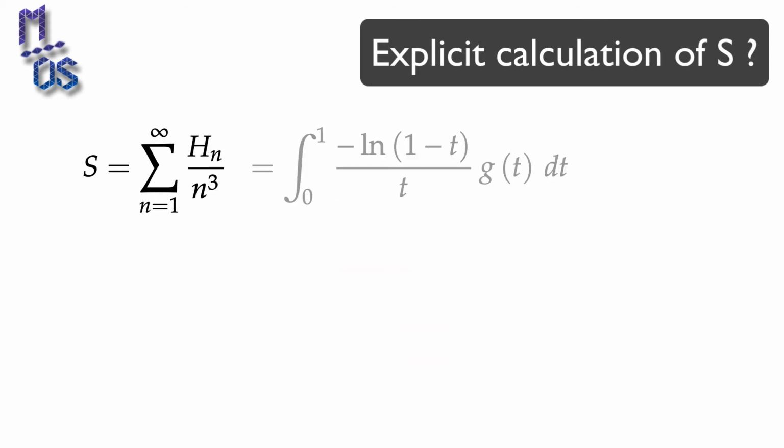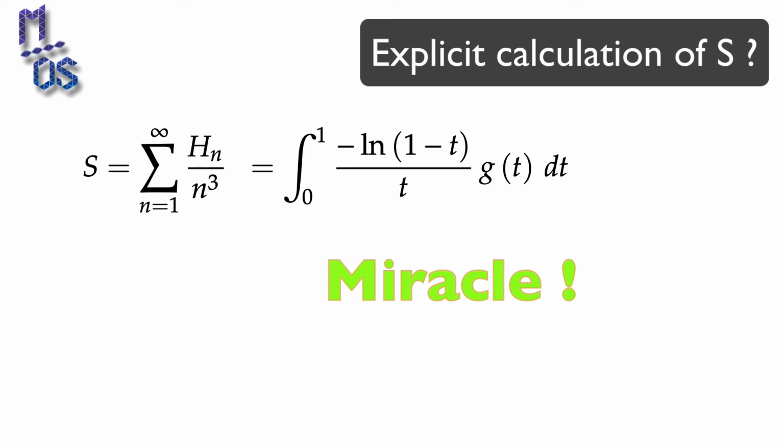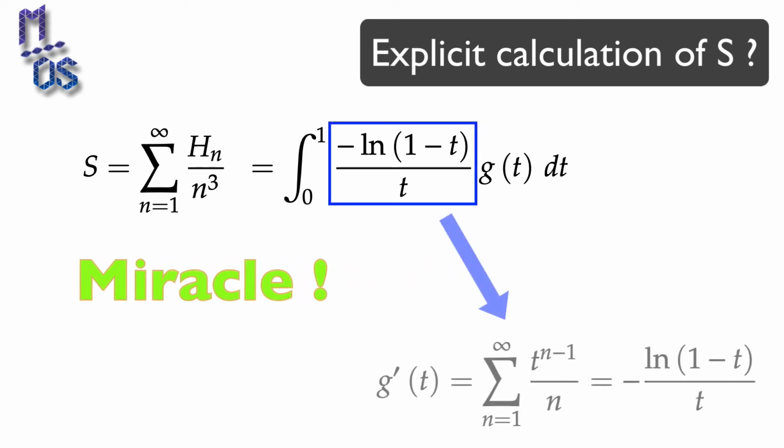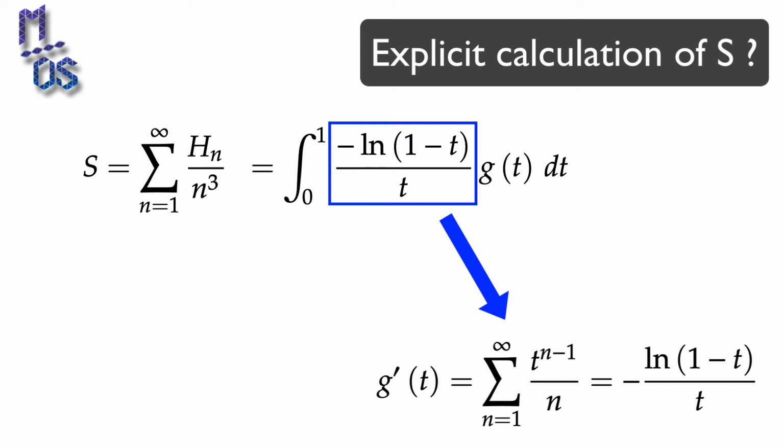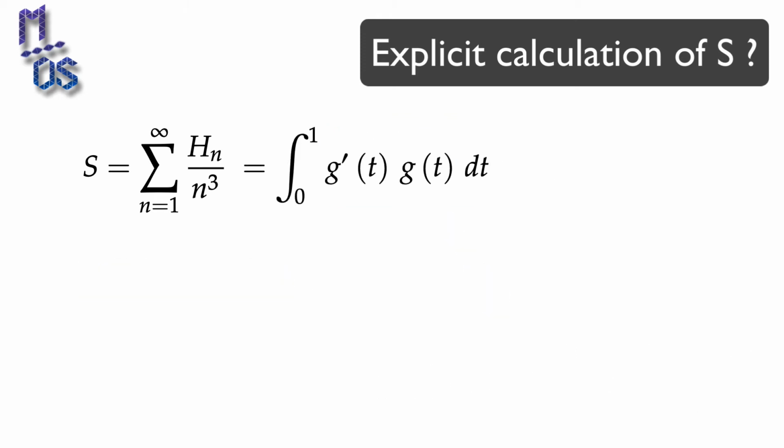So we have S equals the integral from 0 to 1 of negative log of (1 minus t) over t times g of t dt, and right here a miracle happens, because this factor is exactly the derivative of g of t, so that finally S equals the integral from 0 to 1 of the product of g of t by its derivative, and this is equal to 1/2 times g of 1 squared.